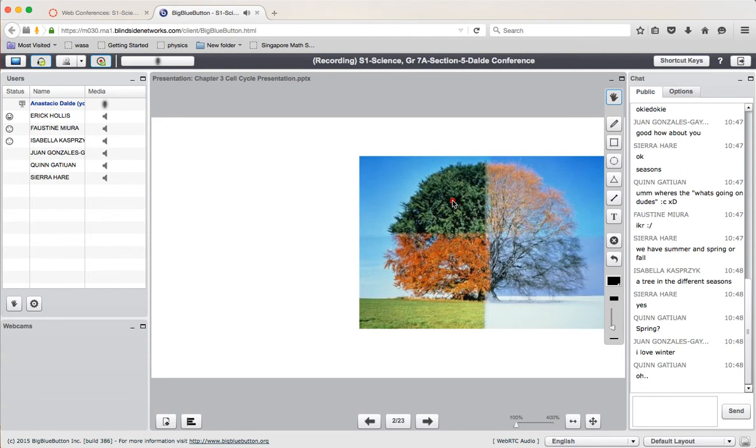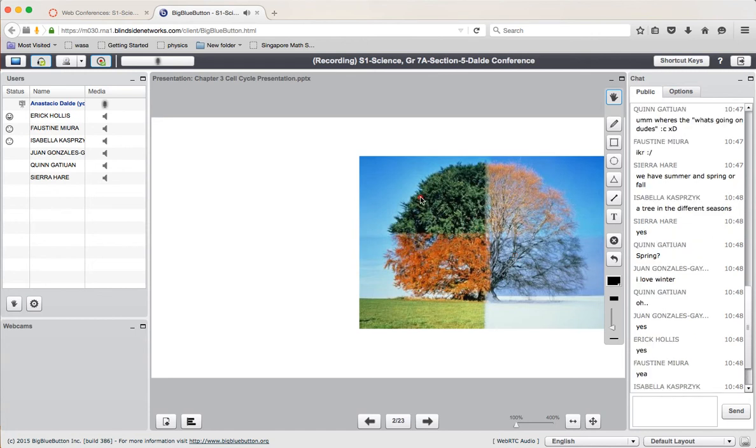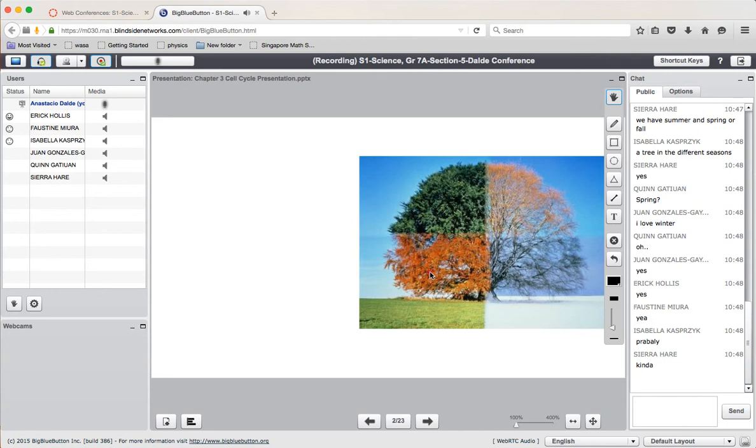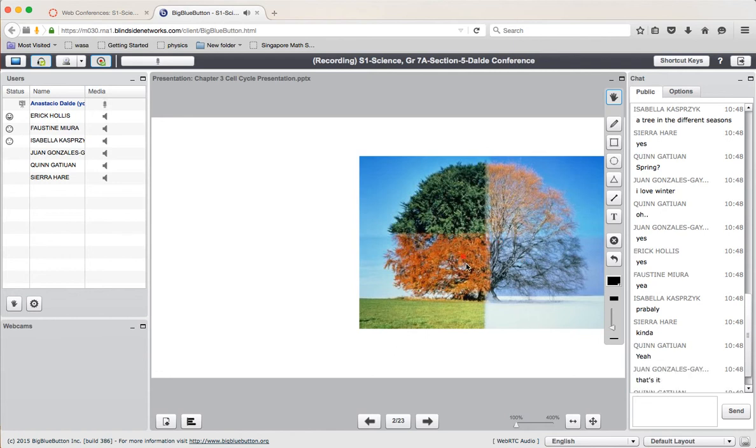This picture looks a little out of order to me. Maybe this is spring up here, and this is summer, and this is fall, and then winter, spring, summer, fall. Yeah, there we go. It's going counterclockwise. All right, so what it's talking about is the cycle of just different things that we have in nature.